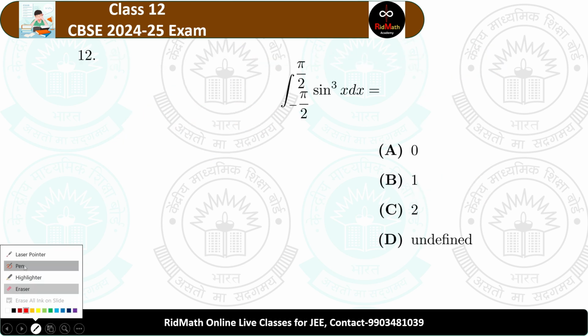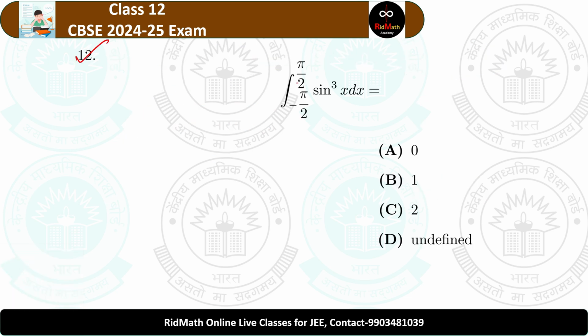Next problem, question number 12. Integration minus pi by 2 to pi by 2, sine cube x dx. First take f of x equal to sine cube x. Let us first check whether this function is even function or odd function.